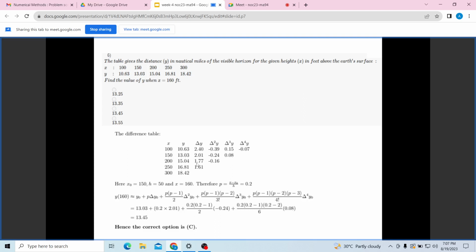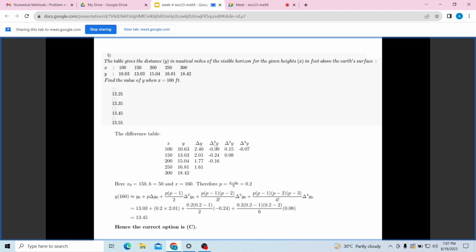Similarly, for the second value, subtract 13.03 from 15.04. So you'll get 2.01. Similarly, 16.81 minus 15.04, you will get 1.77. Now 18.42 minus 16.81, you will get 1.61, right?